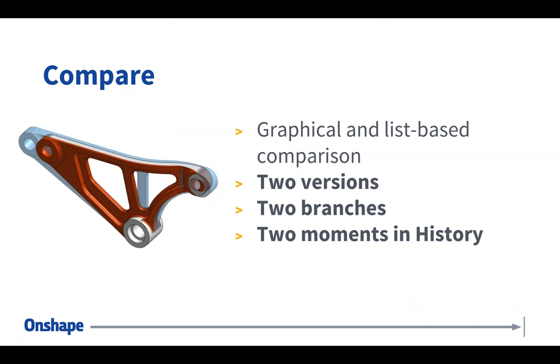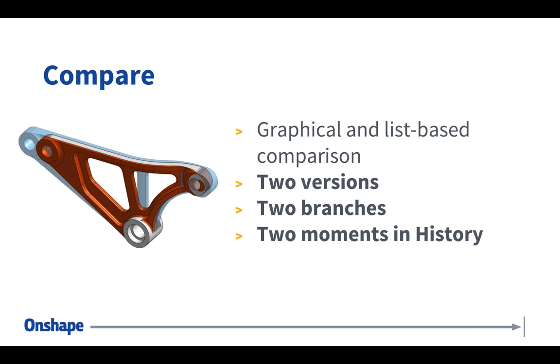It gives you both a graphical and a list-based comparison. So you get the nice, pretty graphics changer. You'll see the screenshot I have there on the left showing you the differences dynamically. But you also get a list, and I think the list is the more valuable, but you get exactly what features are different, what's different between those features. It's very granular and allows you to see, in very close detail, what the differences are.